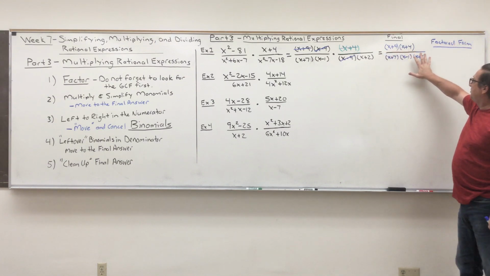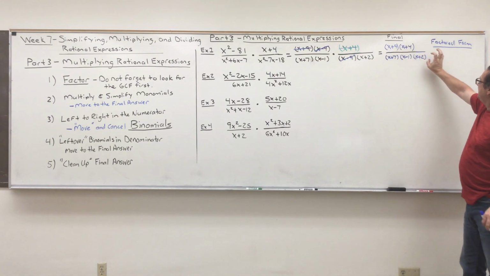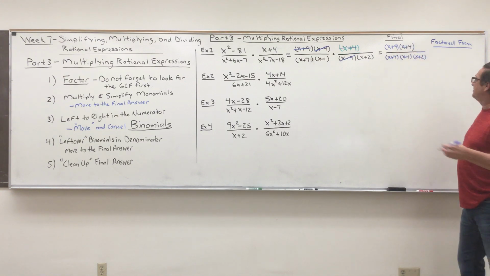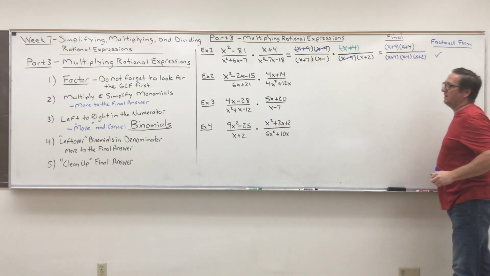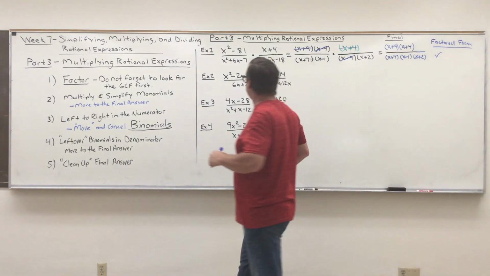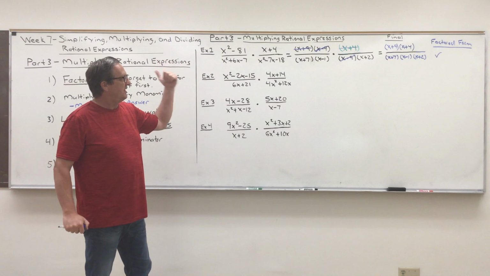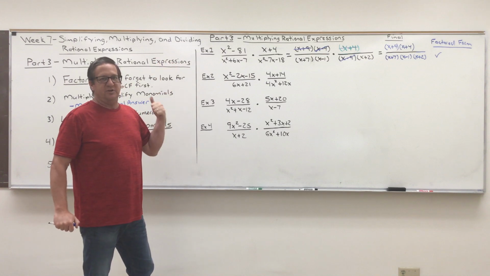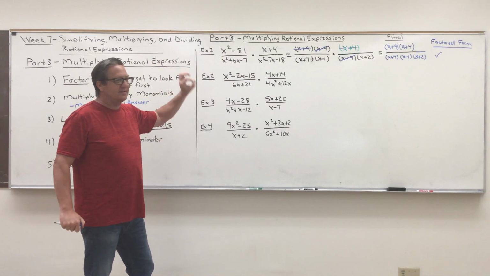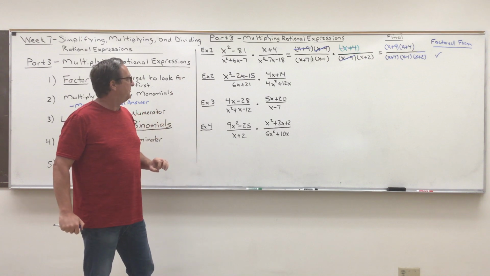You don't remove any of the parentheses. These all need to be protected together. So our final answer is actually our clean answer, and we would be done with the problem. Okay? Factor and cancel and move. If you can factor, I think you can cancel, and I think you can move.